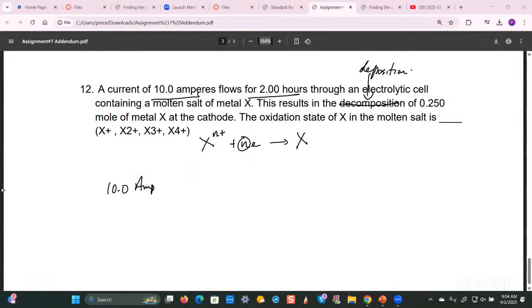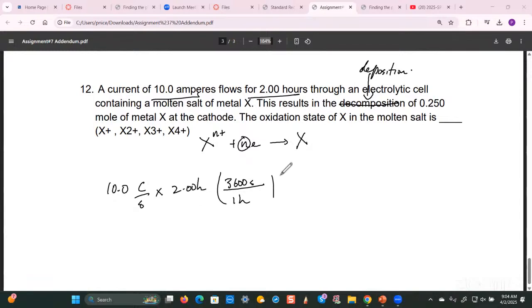And in fact, let me again represent amperes as coulombs per second, multiplied by the time. What's the time? 2.00 hours, but we have to convert that to seconds. So that would be 1 hour down here and 3,600 seconds above.